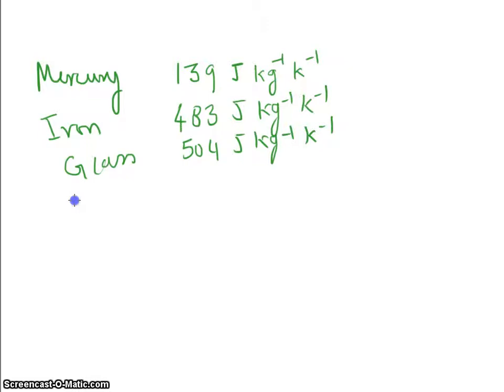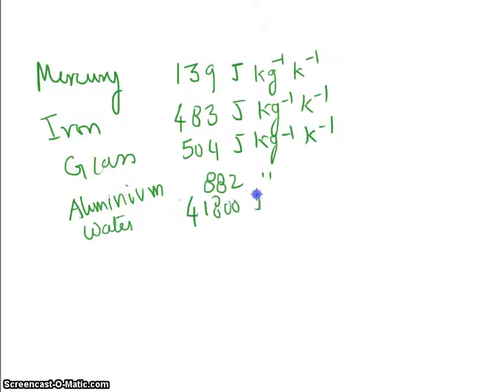For aluminium, it is about 882, and for water, it's about 4,800 joules per kg per Kelvin. So water absolutely is a bad conductor of heat. It requires a lot of heat energy to increase the temperature by just 1 Kelvin.